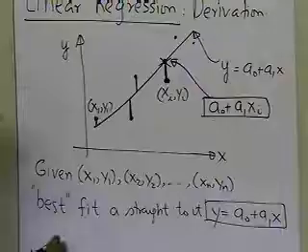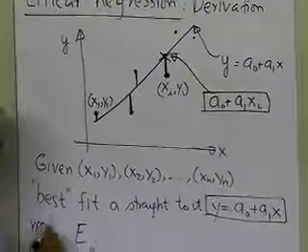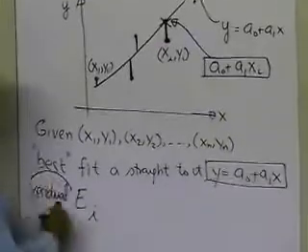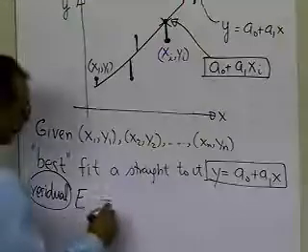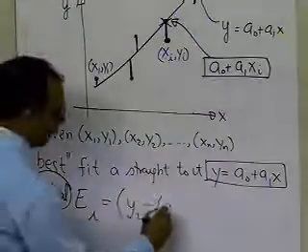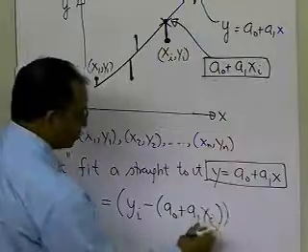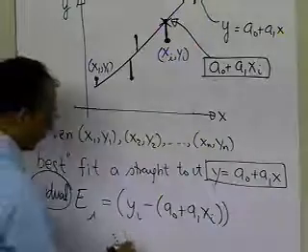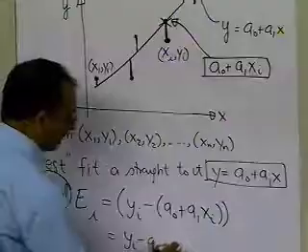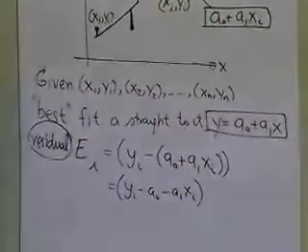So if you look at the amount of residual, that's what it's called. Some people call it error. So there's a residual at each and every data point, which will be the observed value, y sub i, minus the predicted value from the straight line. So you get y sub i minus a0 minus a1 x sub i. That is the amount of residual which you have at each data point.